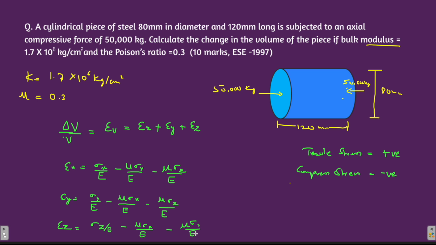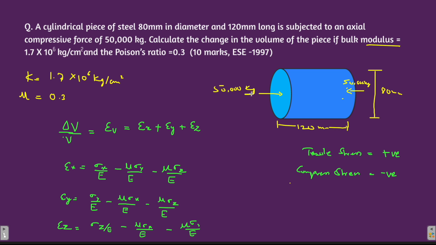Now, is the stress given to us? No, the stress is not given to us. So let's first find out what is stress. This sigma x, sigma y, sigma z is not given to us. The only thing given to us is in terms of force, and it is given in kg.